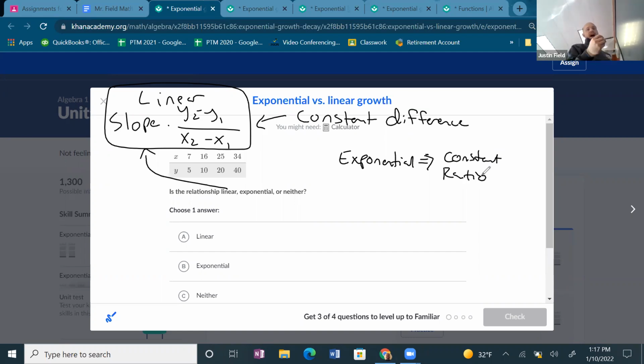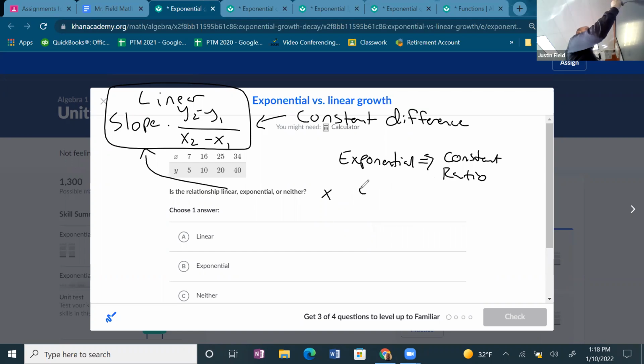All right, so when we divide the terms, let's say we have A, B, C, D, and we do D over C. As long as there's a constant difference on the x side, there's going to be a constant ratio on the y side. Now, what I just did there with the letters, I think makes it super confusing. So instead, let's just use this example.